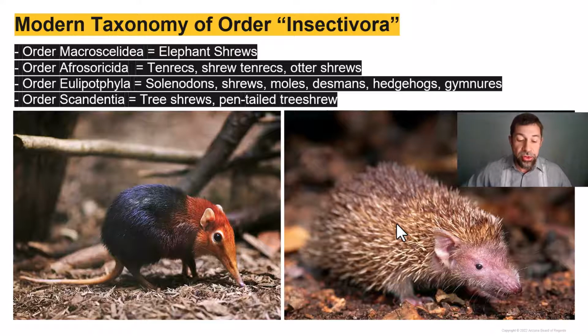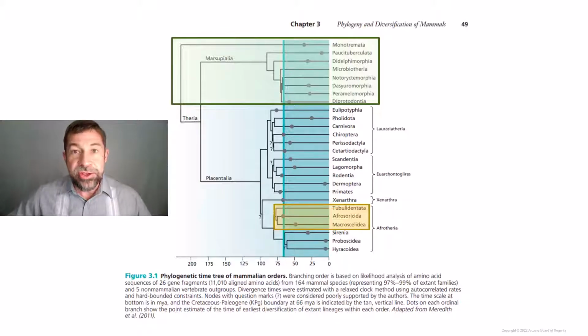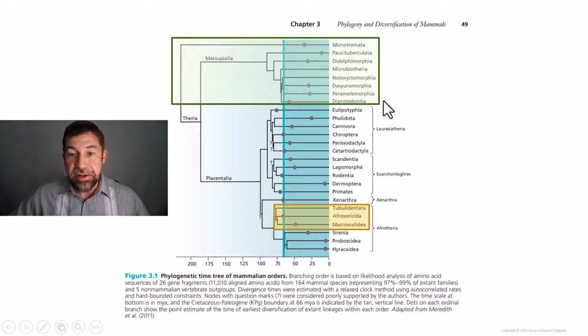We'll be covering both of those orders in our next lecture, so that's why we're covering classification now, as well as the Eulipotyphla, which is the solenodons, true shrews, moles, hedgehogs. We'll cover them in week 5, and then the order Scandentia, which are the tree shrews, and we'll cover Scandentia in week 4.